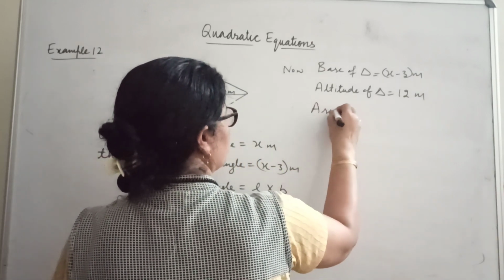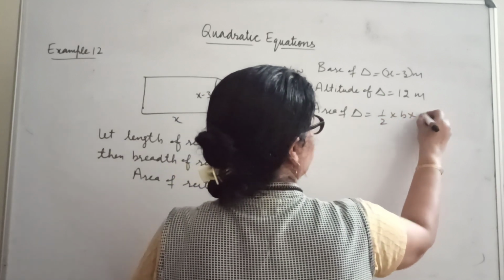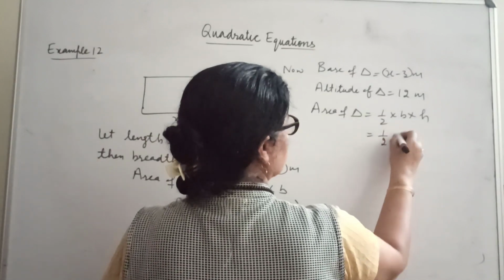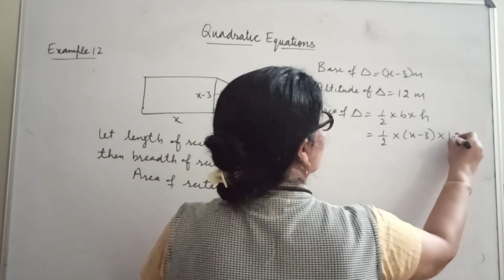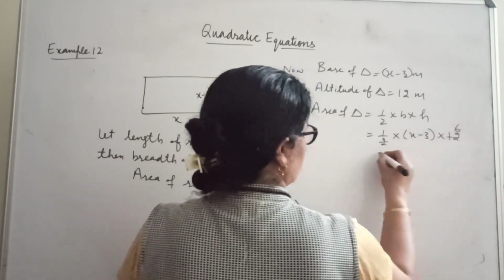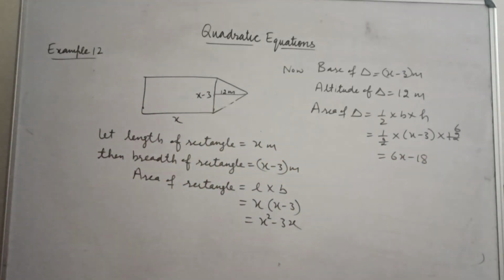Area of the triangle is half into base into height. Base means x minus 3, height means 12. So 6x minus 18 will be the area of the triangle.